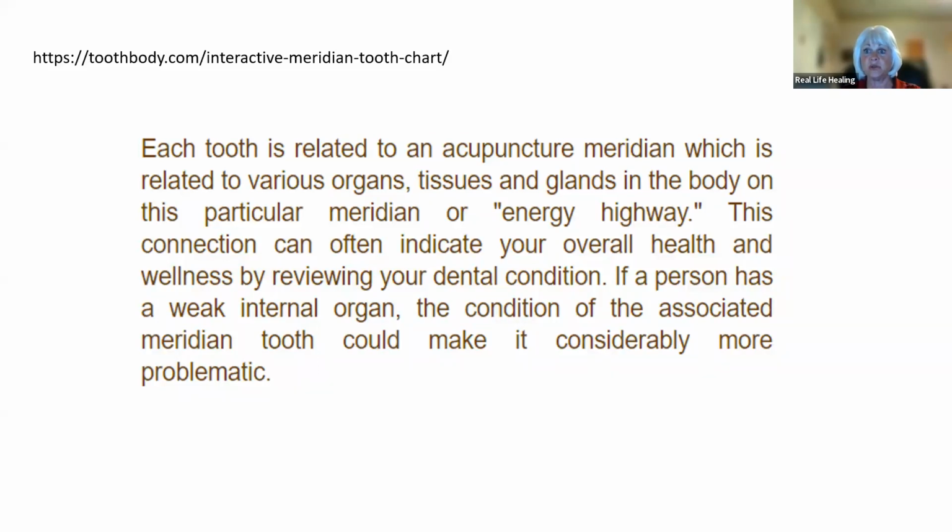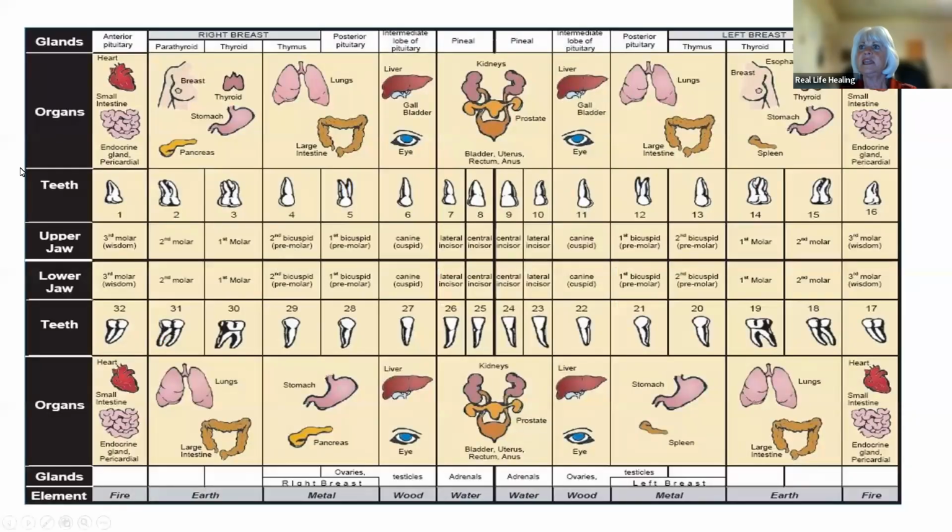Is it true that every one of our teeth is connected to organs, tissues, and glands? If a person has a weak internal organ, the condition of the associated meridian tooth could make it considerably more problematic. So look at this really fun chart. Here we've got our glands, our organs, our teeth, and we have our upper jaw and our lower jaw.